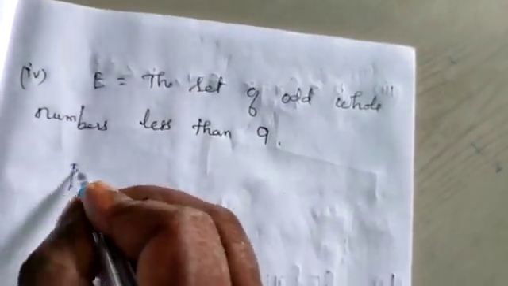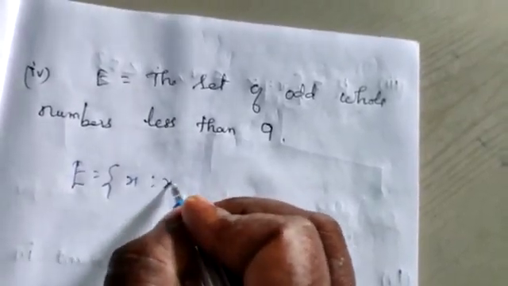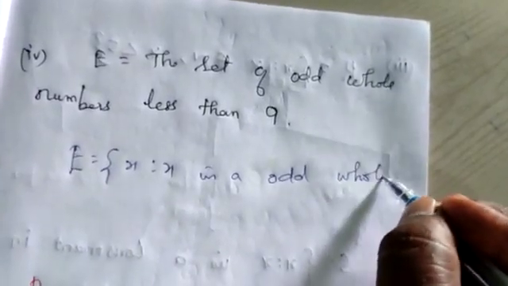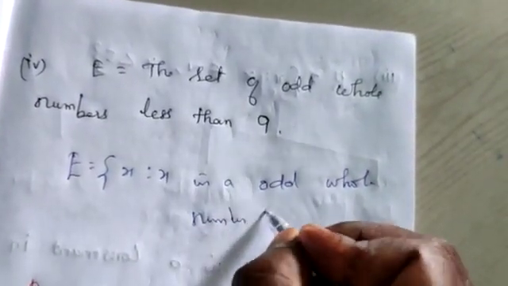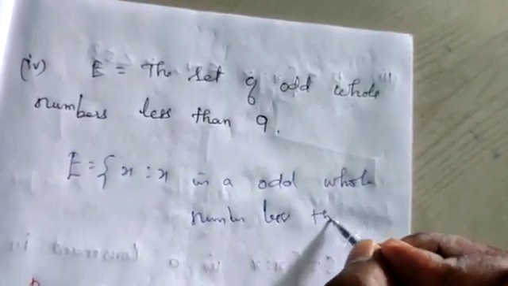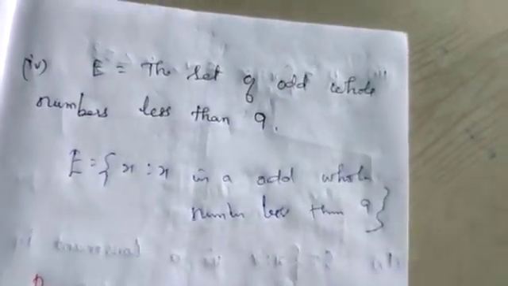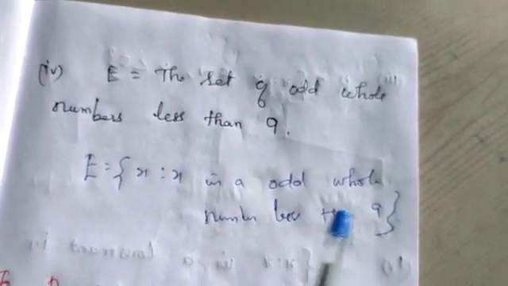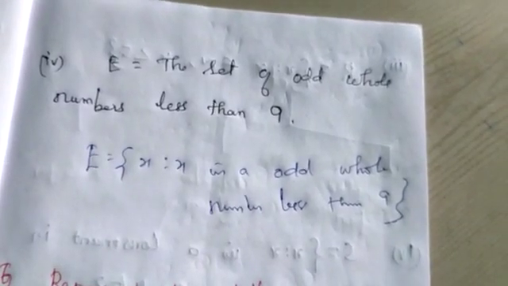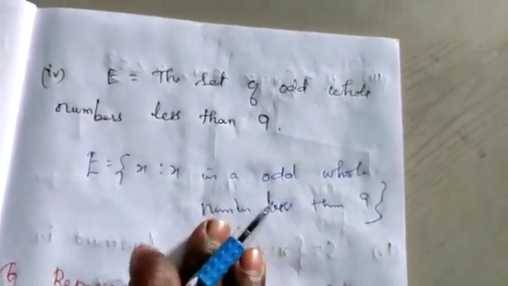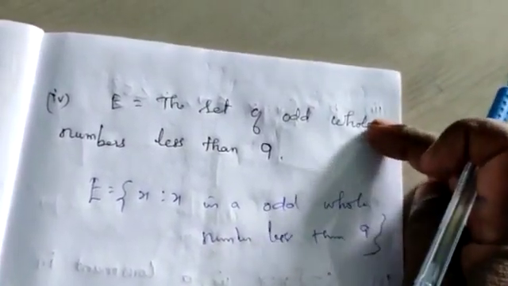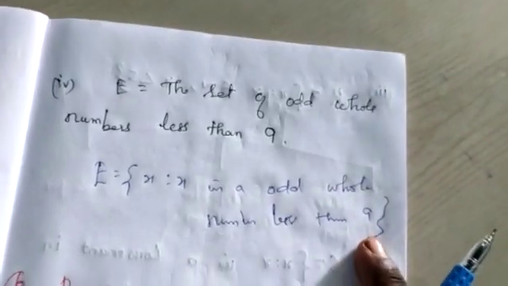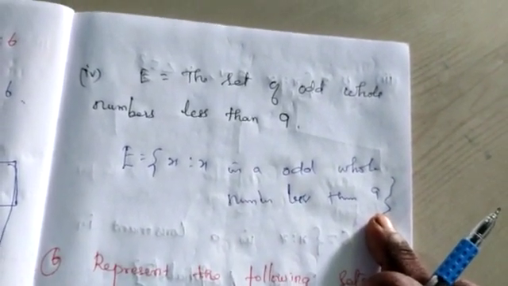So x such that x is an odd whole number less than 9. Children, this is the set builder form. The given statement is descriptive form. Constructing the set is called set builder form.